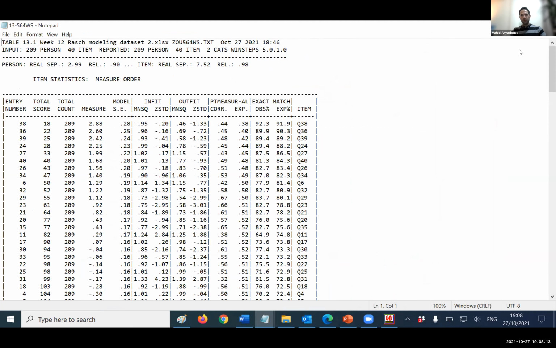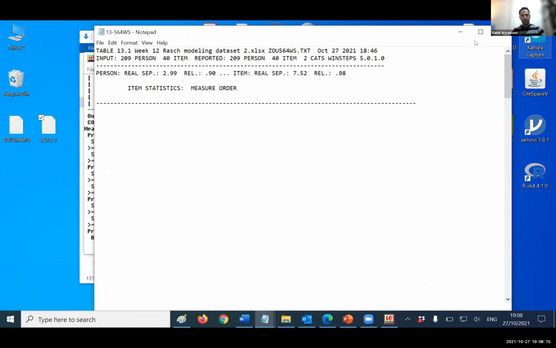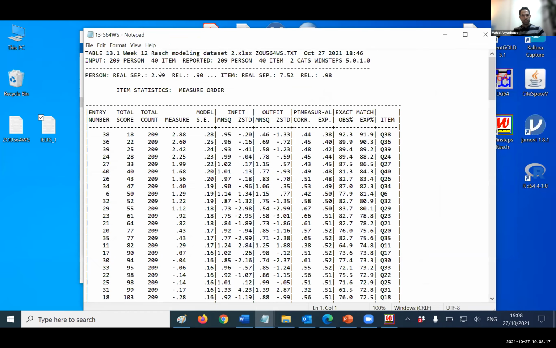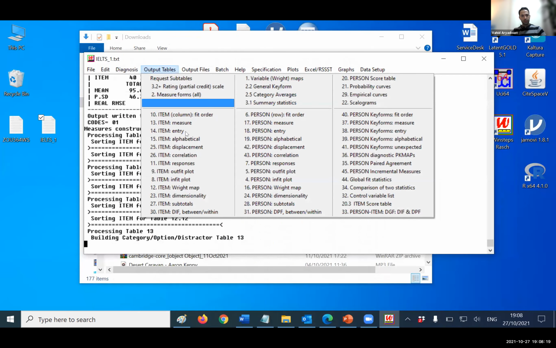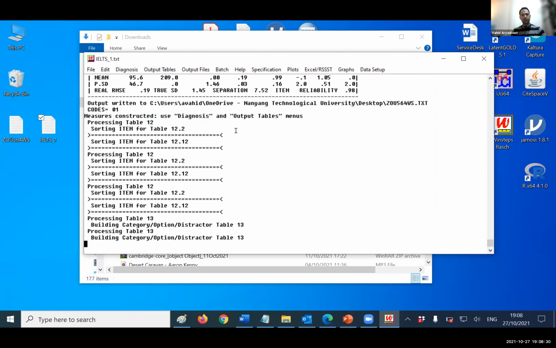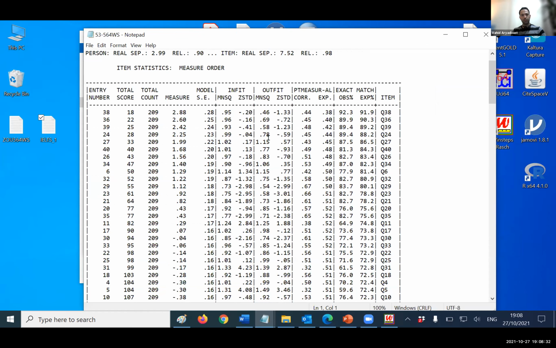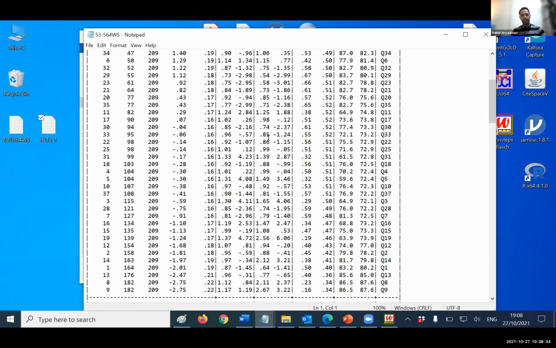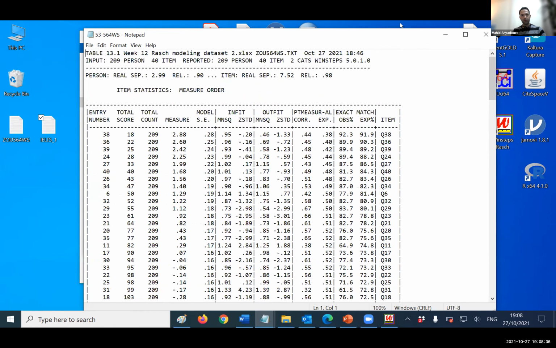Okay, did you get this table? I'm going to do it again. Measure. Click, and there you go. You can see all the items you have in this table.